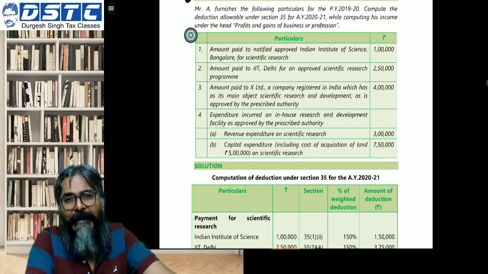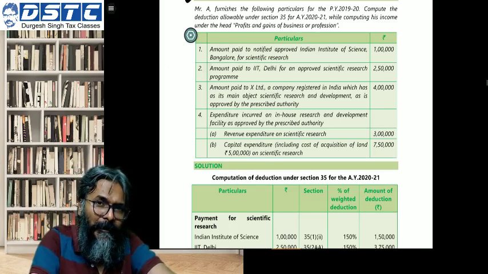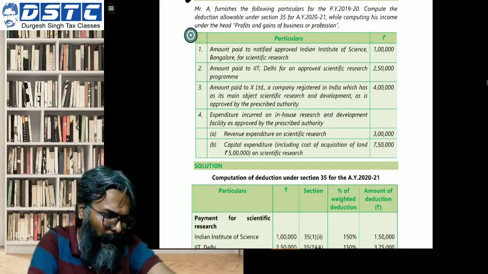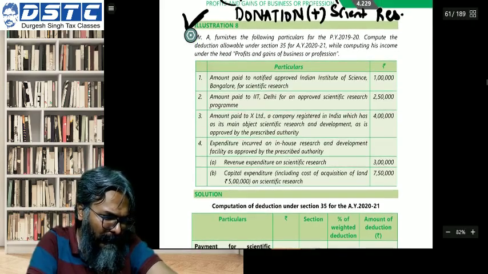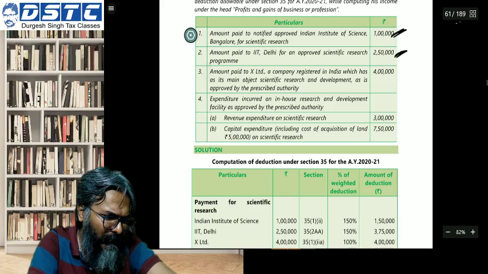Like that, they have given sometimes the adjustment, and that is why I requested all of you to at least remember what this 35(2AA) exactly implies, so on and so forth. So here, students, if they are giving you directly, this is 150%, this is again 150% donation.